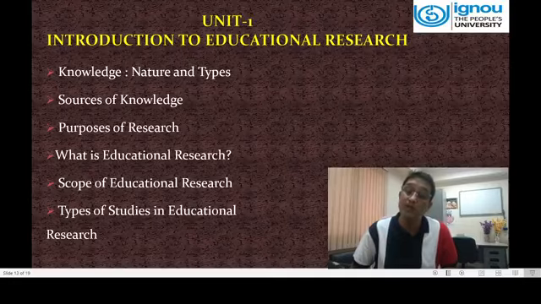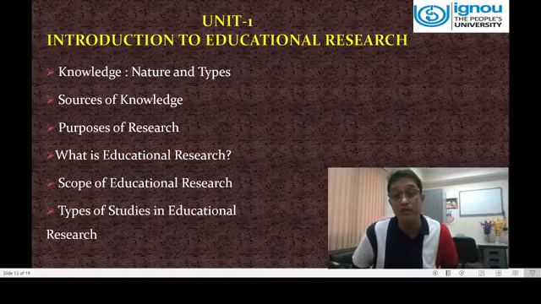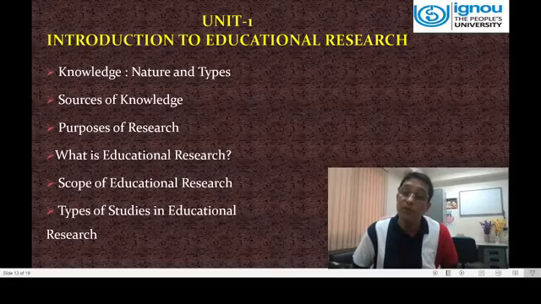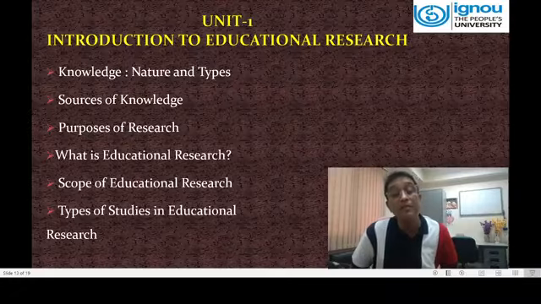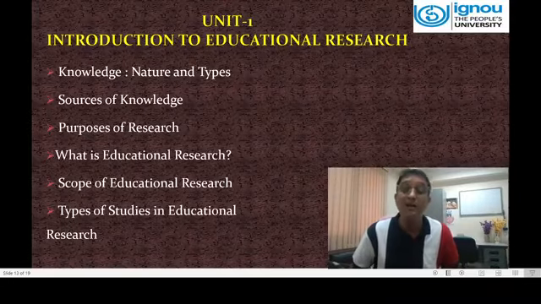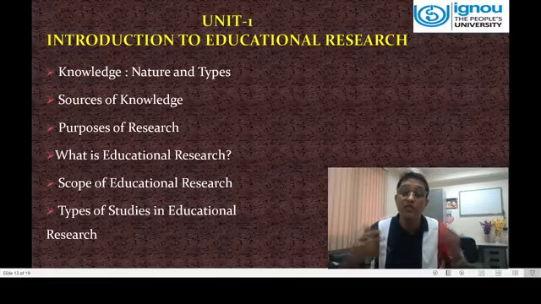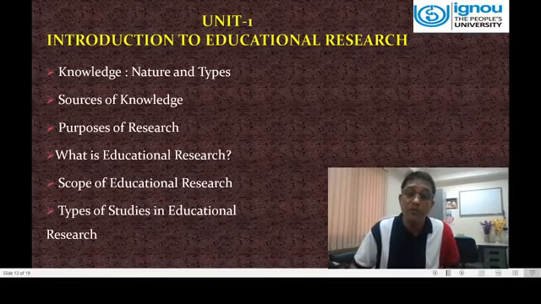The positivist paradigm is quantitative in nature, and the humanistic paradigm is qualitative in nature. According to the positivist and non-positivist or humanistic paradigms, the methods and types of research are different. Further, you will study this paradigm in detail in blocks 3 and 4 of this course.